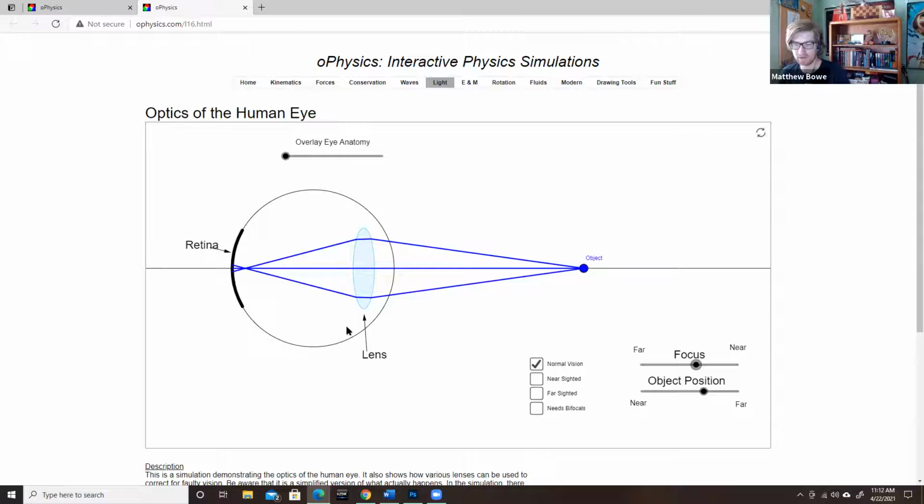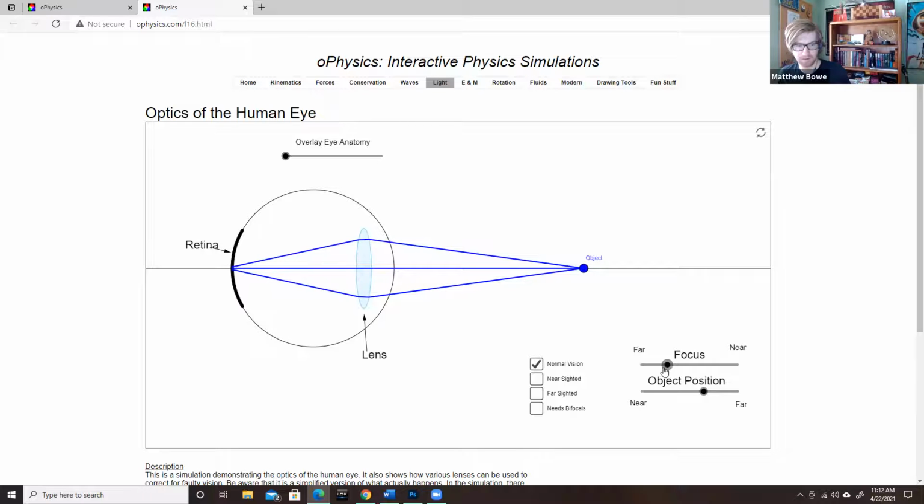It has to change its shape. So it's sort of squeezing itself. It's getting very thin. By doing that, it's changing the angle that the light strikes the surface. And that means that it's changing where the light is bending.